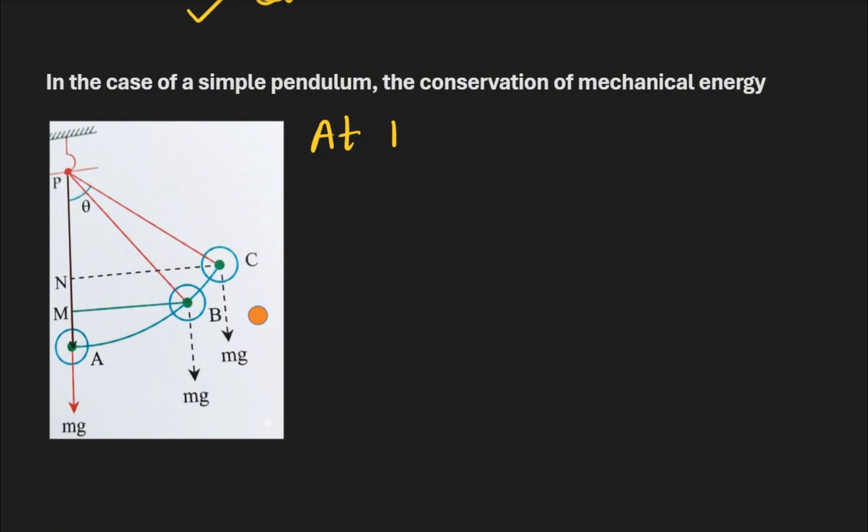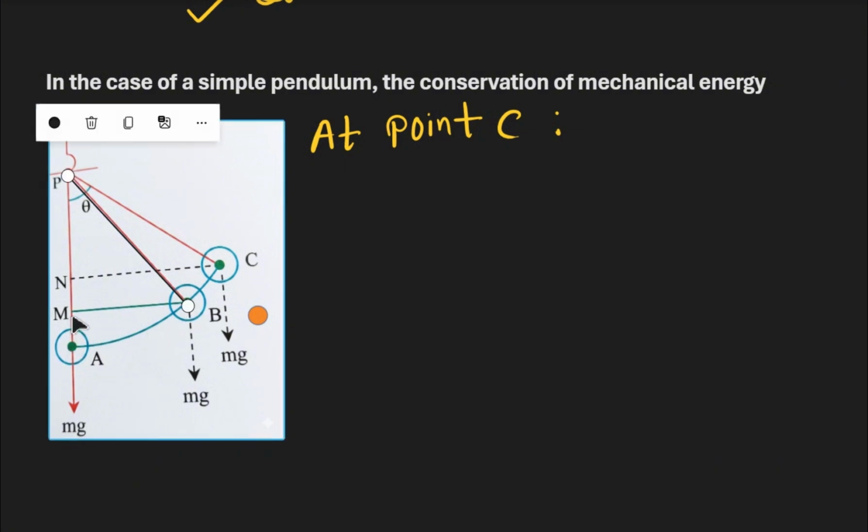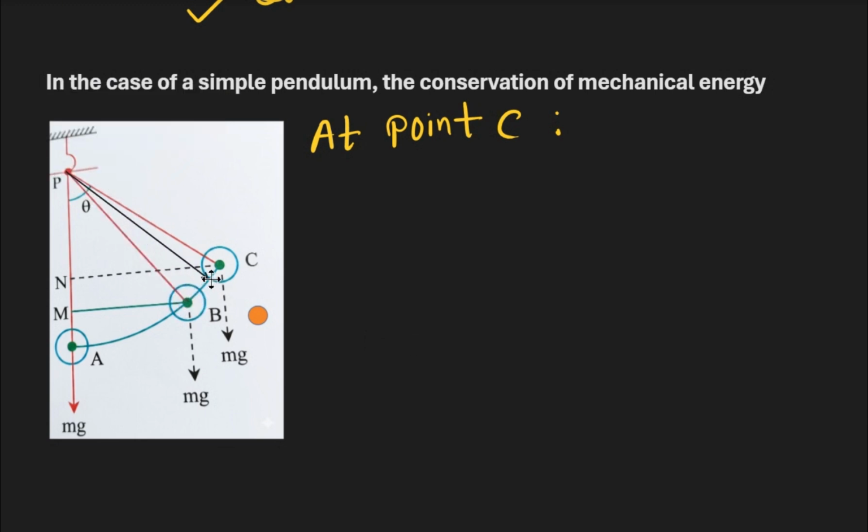At point C, let's say the height from P to A is PA, up to B the height is AM, and from B to C the height is NM, right?